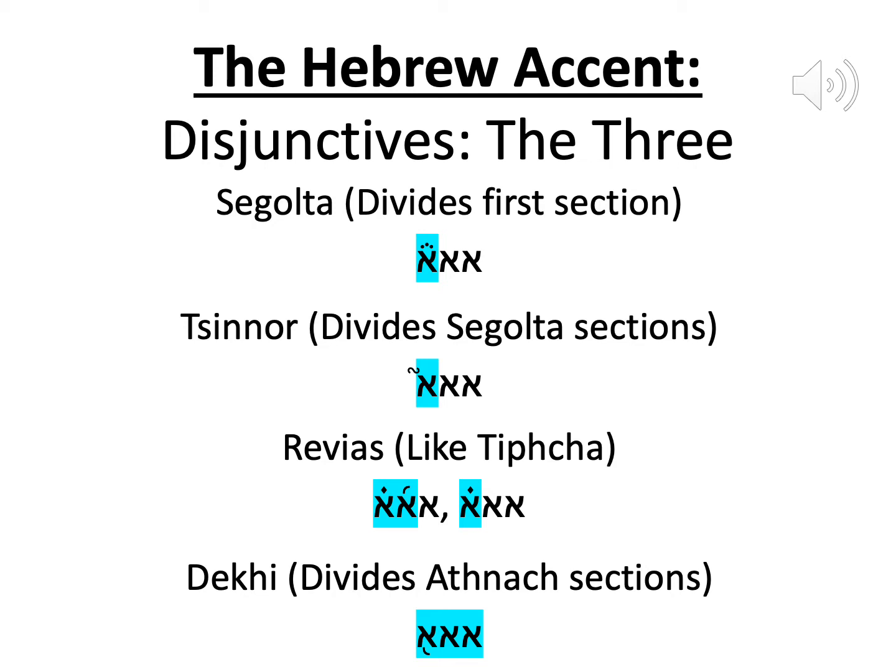Again, ole veyored is the most common division of verses, as you'll remember from the prose section, as well as atnak, although ole veyored actually takes the priority over atnak in the poetry.